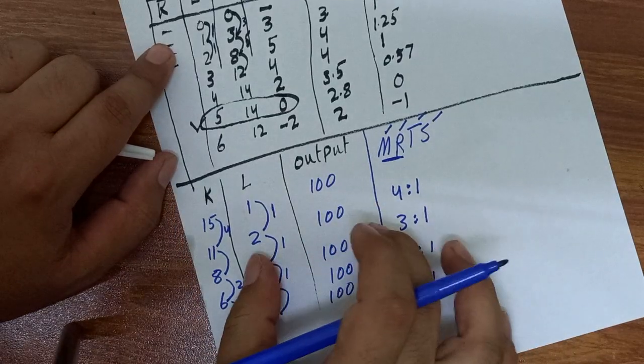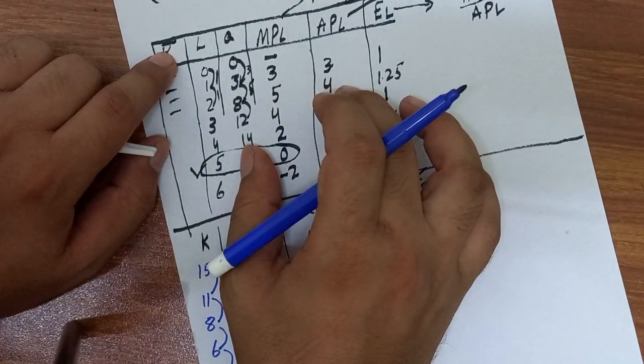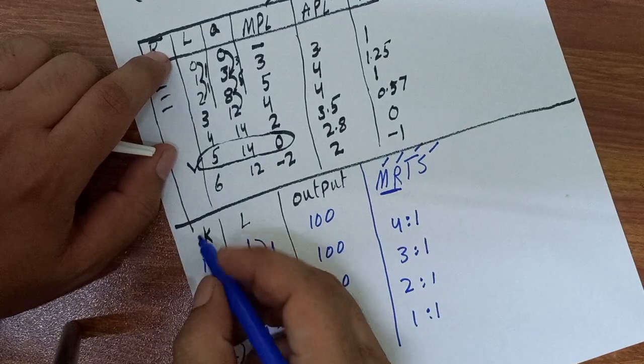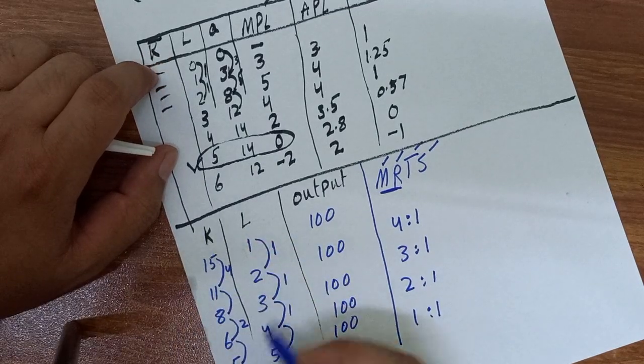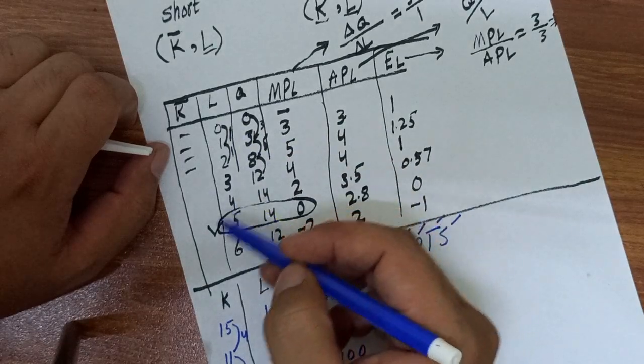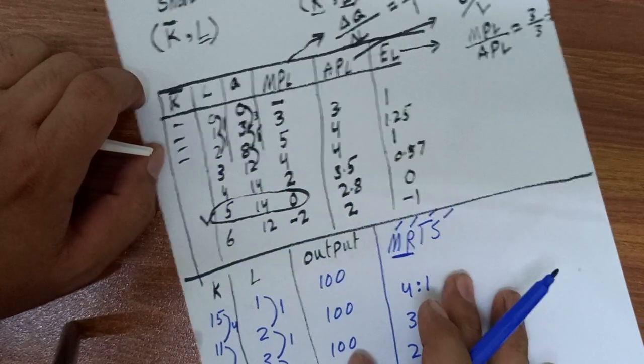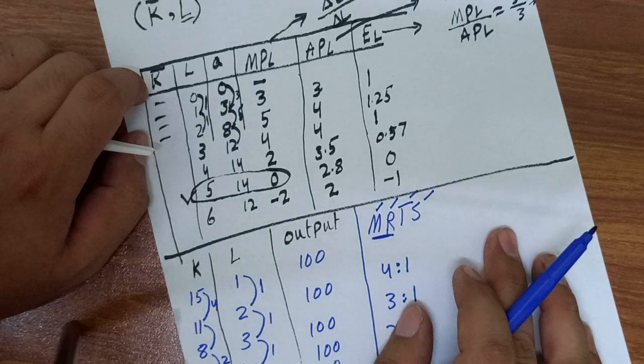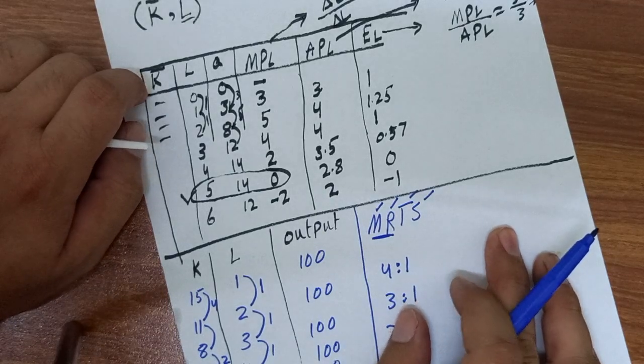So this is for long term and this is for short term. In the long term both are changing, but in short term only L is changing, the K will be constant. So this is production function and we will go for the next topic.